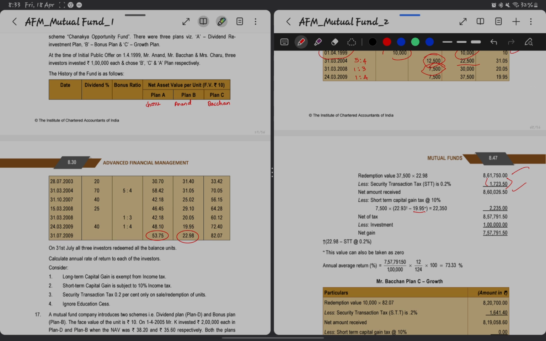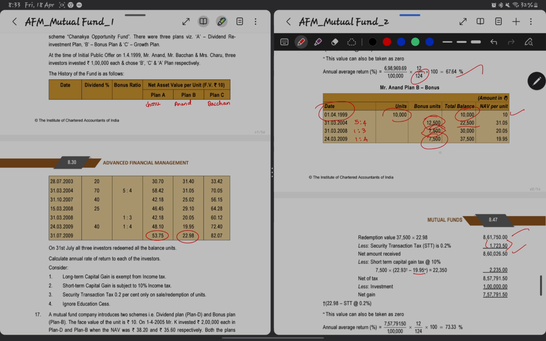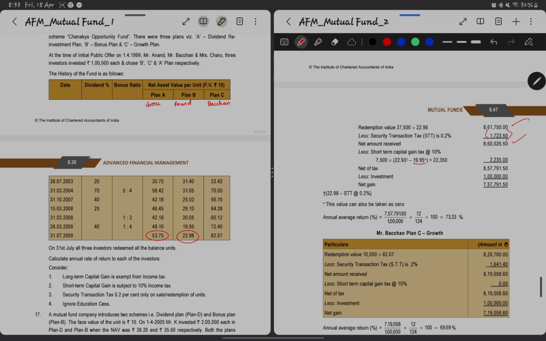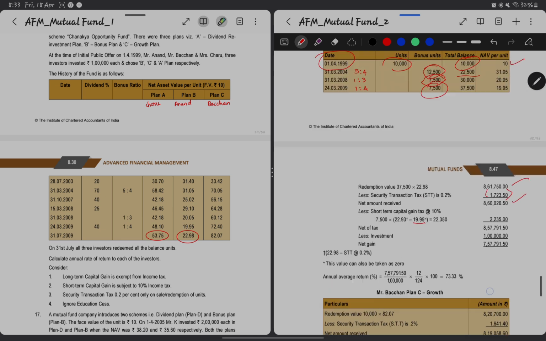So whatever the NAV as on that date, for these 7,500 units, the NAV 22.98 will be entire gain. That will be as per the income tax, but since, as I previously told, they have not specifically mentioned anywhere here in the assumptions, we can just reduce it and calculate, or even if they have told this can be taken as 0, in either way it works.